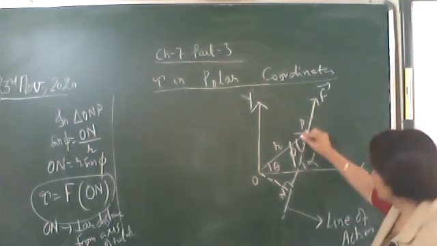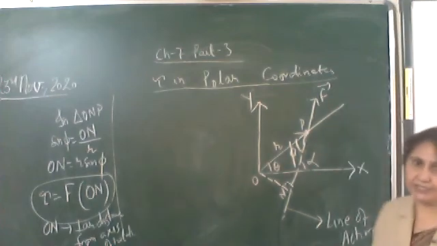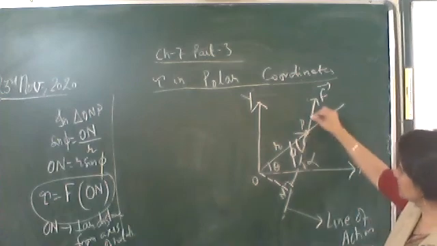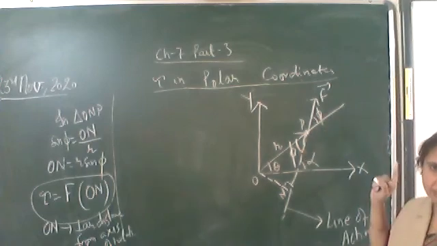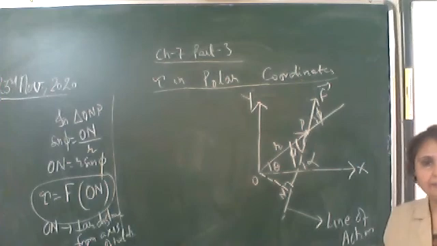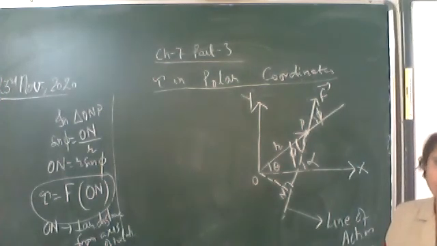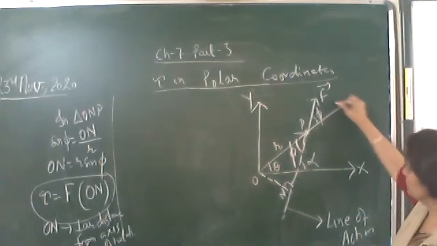Okay, now let us extend this line. This position vector line we have extended. If this angle is phi, this angle is also equal to phi, vertically opposite angles. Now we'll again resolve the force vector, not along the x and y axis, but along the r vector.